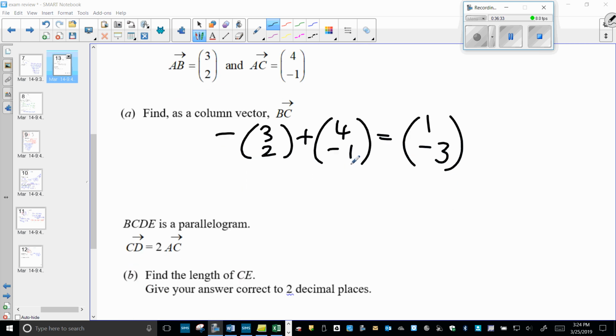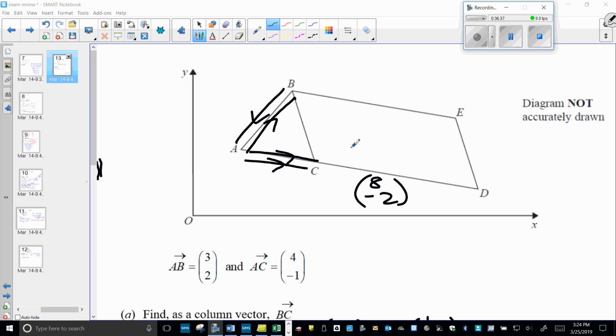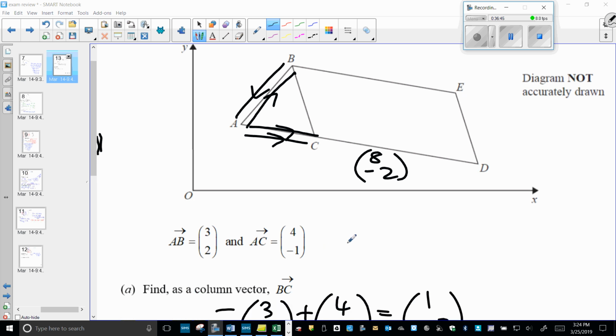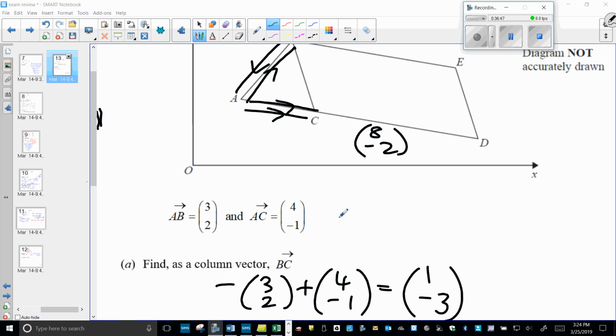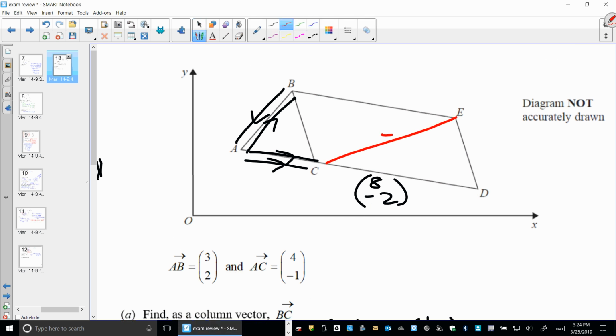Right, so it says find the length of CE. Oh, we just found BC. So if we want to find vector CE, then we have to go along here and up here. So that's going to be 8, negative 2, plus DE, which is the opposite of BC.